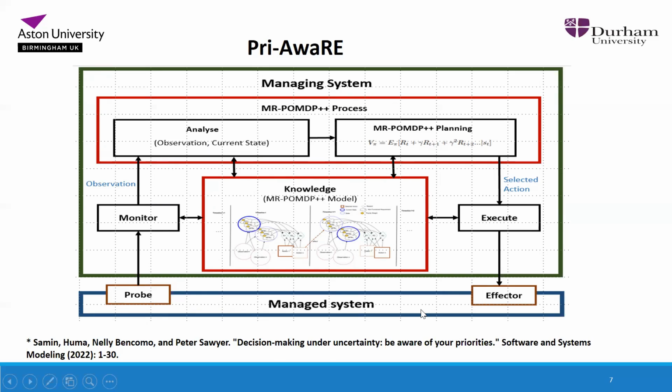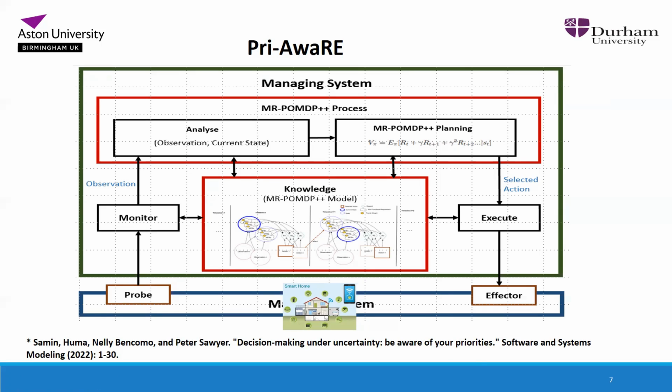Based on the observations from the managed system, which can be the Internet of Things network, that was our first example, for example, link interference or dynamic traffic load. Once those observations are monitored, and based on the current state maintained by the runtime model, this model can plan the next adaptation action based on the individual priorities of non-functional requirements.